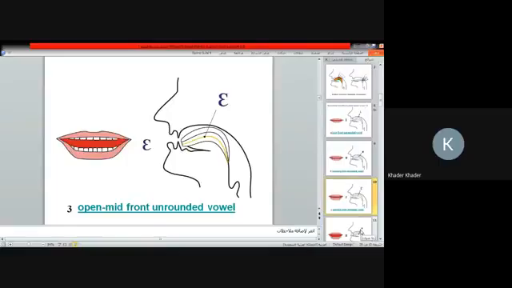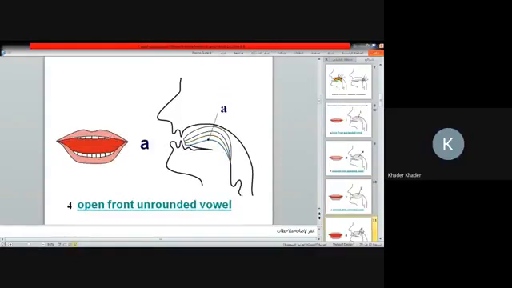We can measure, for example, the vowel in a word like 'and' or 'verb'. Then 4 is an open, front, unrounded vowel.